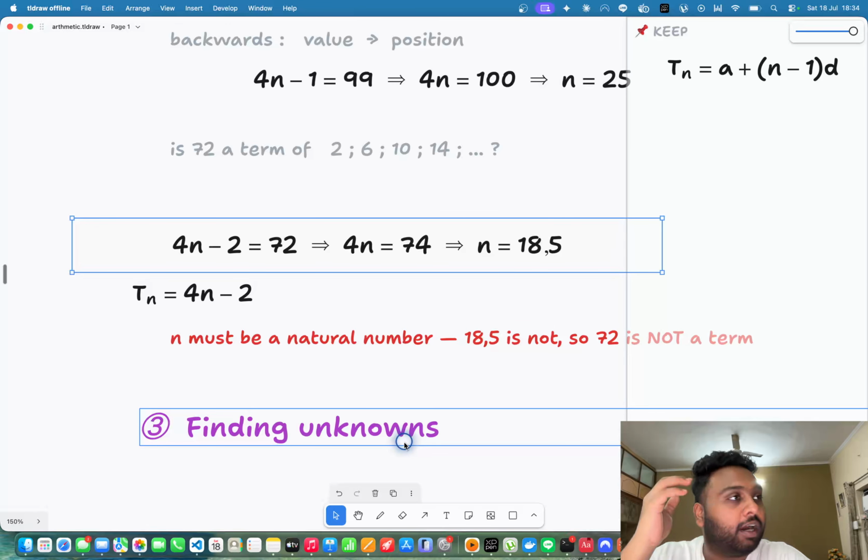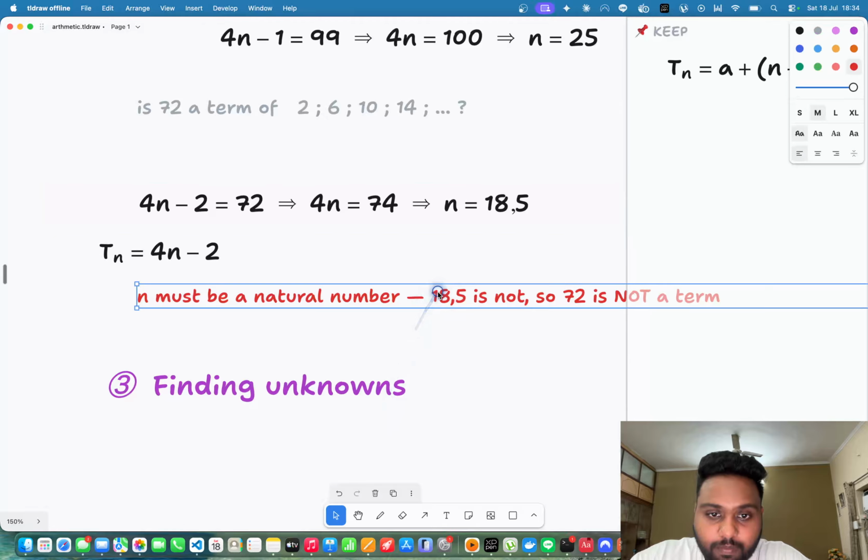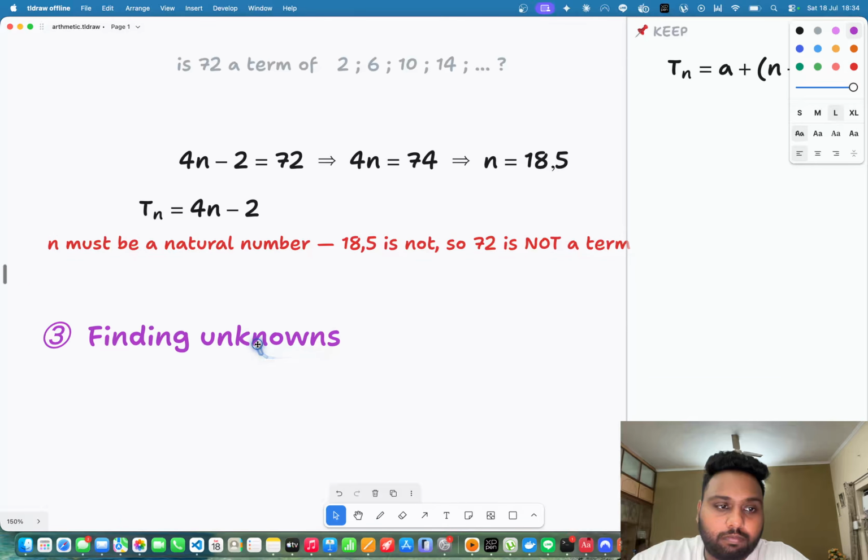There cannot be a term in a series or a sequence as 18.5. We will have the first term, second term, third term, fourth term, and so on, but we will not have terms that are partials or in fractions. So we can say 72 is not a term.